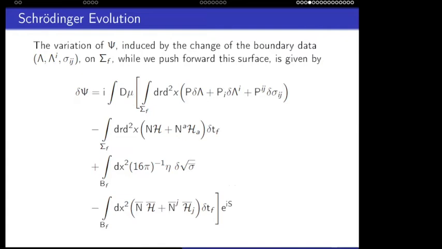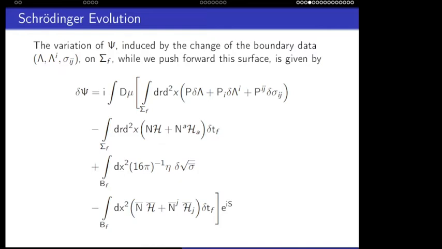For those who work on quantum field theory, maybe this is familiar. This is how you derive the bond. Actually, not quantum field theory, even in quantum mechanics. You take the variation of the wave function by pushing the final surface a bit in time, and you can identify here the Schrödinger equation.